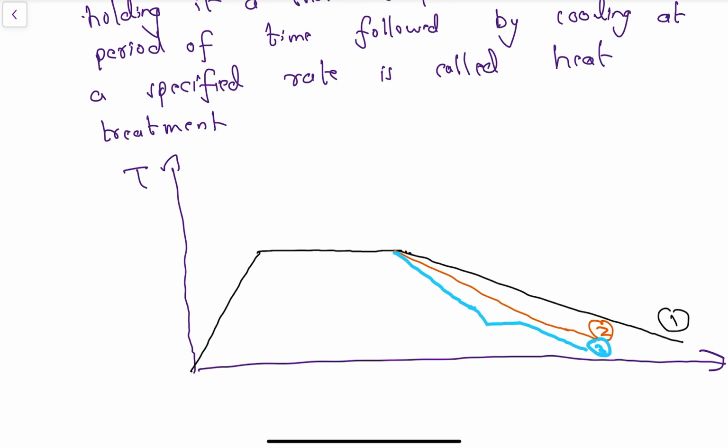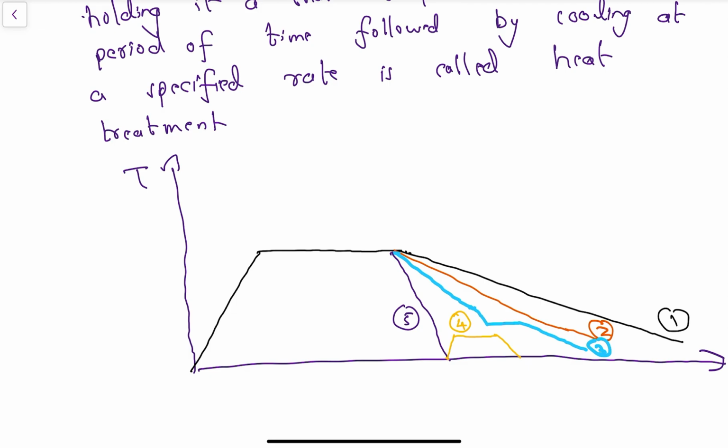Again I cool it at a different rate, holding it at a particular temperature, and then cooling it again. Then there is another process, where I am suddenly cooling it. It can be called process 5. And then another process is, after suddenly cooling, I increase the temperature up to here, hold it for a period of time, and then cool it again. This is called process 4.